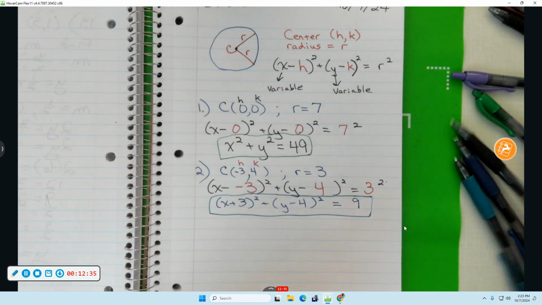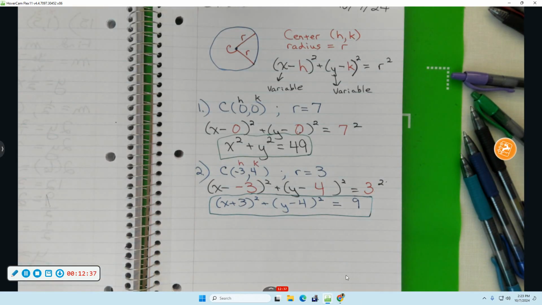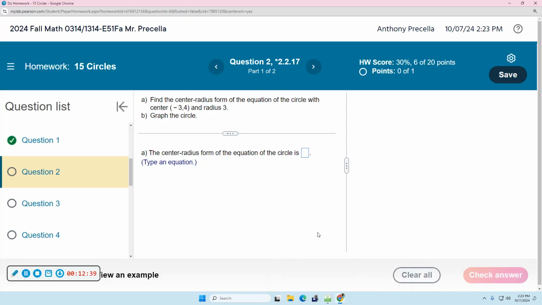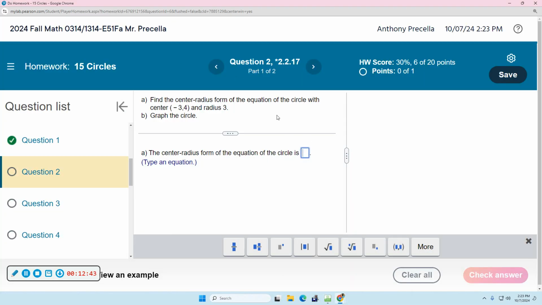So we come over here. We have to type in our center radius form. And I just used the parentheses from the keyboard. Left parenthesis, x plus 3, right parenthesis.